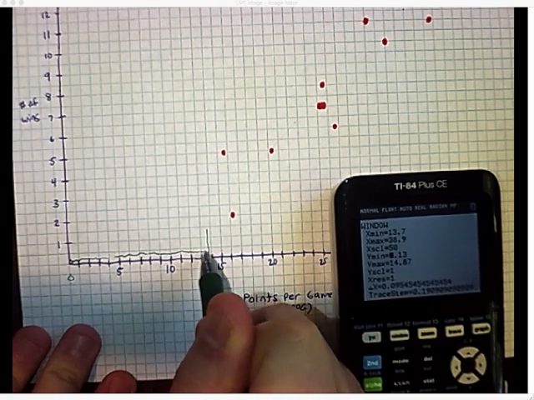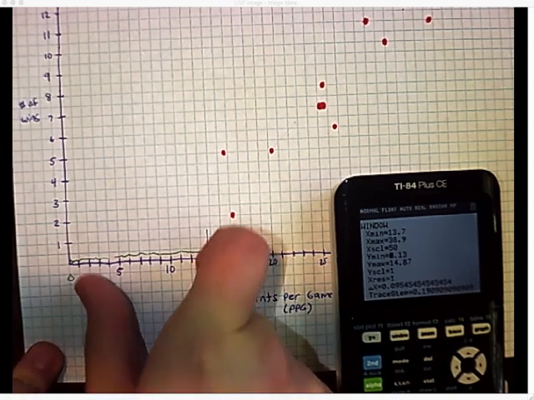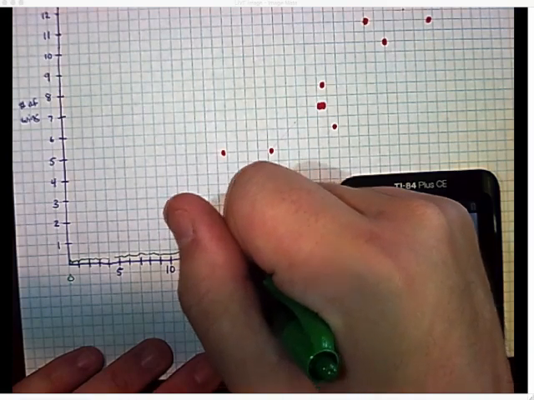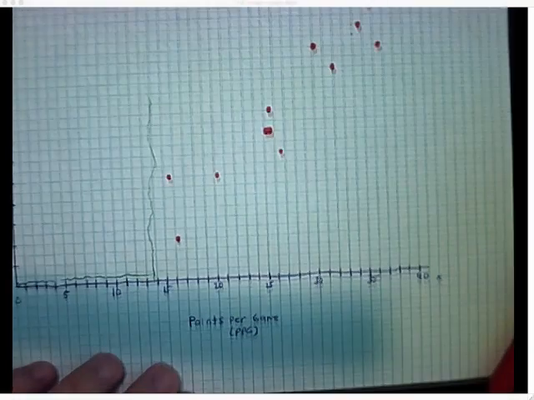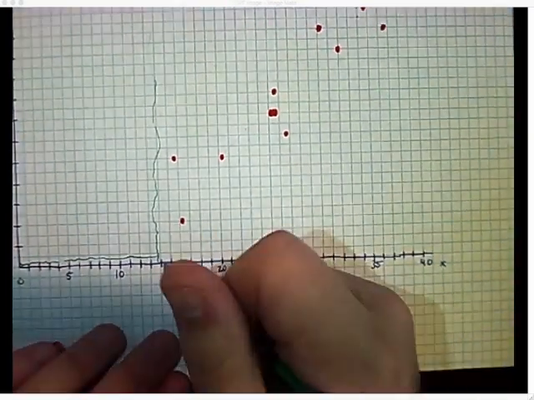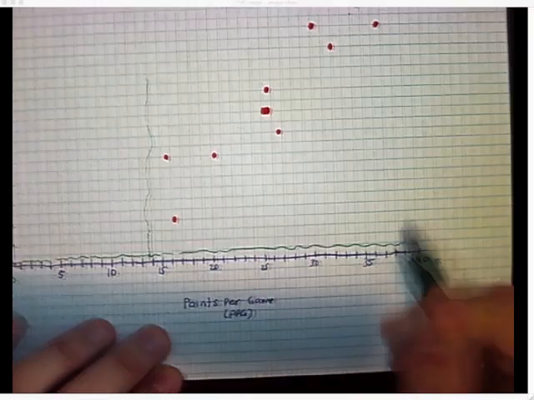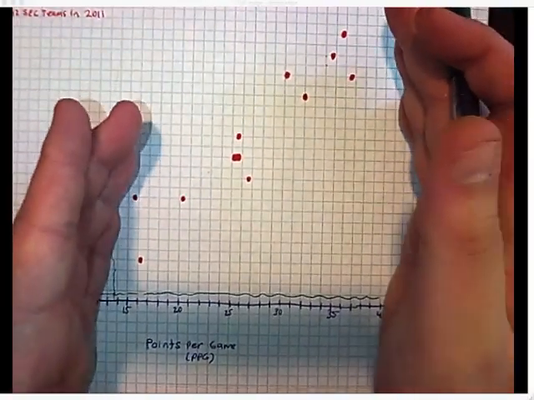So what they chose to do is eliminate this portion of the graph. If I were to take that line all the way up, if I were to take this line down, they just focused where the dots are. They focused on that part.